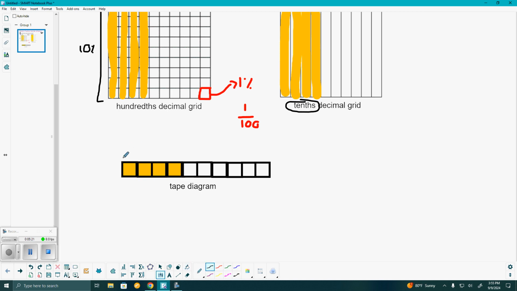And the reason we color in 4 of these boxes is because out of the 10 boxes total, it's 100%, meaning that each one of these individual boxes is 10%, because 100 divided by 10 is 10%. So therefore, 10 times 4 would be 40%.